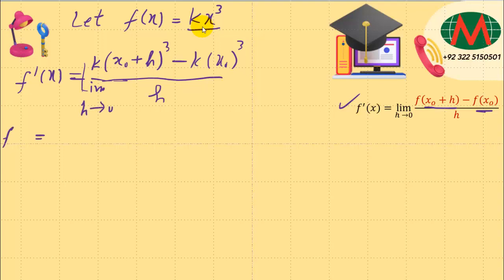Okay, so next, f'(x) is equal to the limit as h approaches 0, so just expand it.